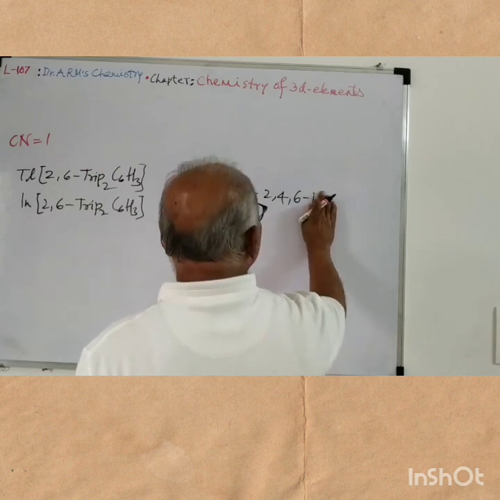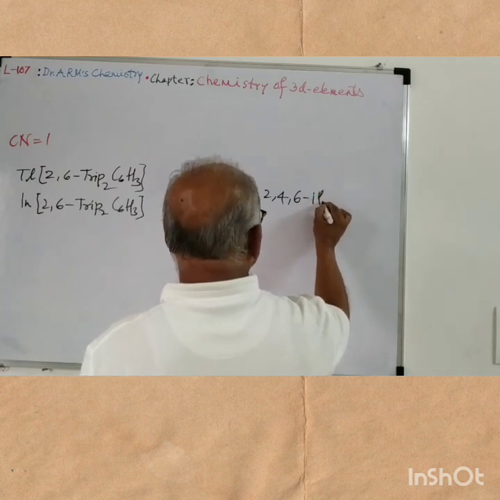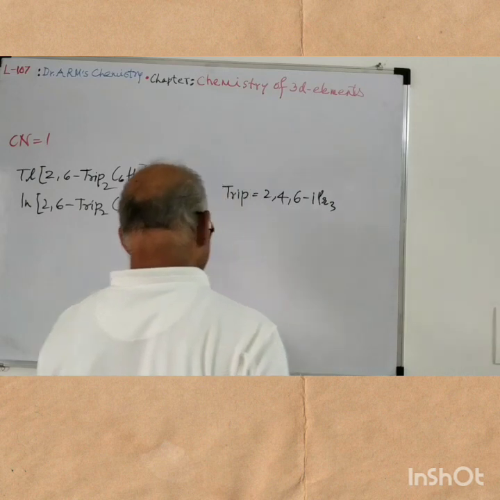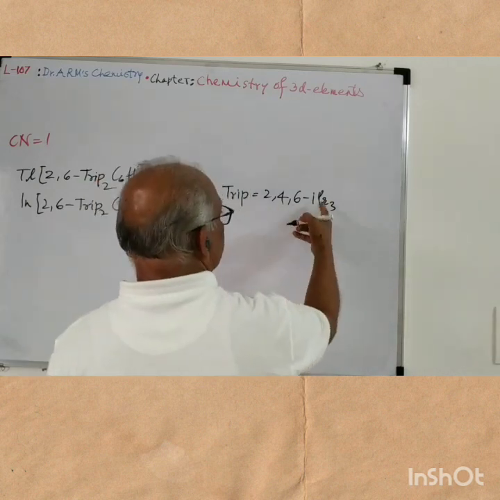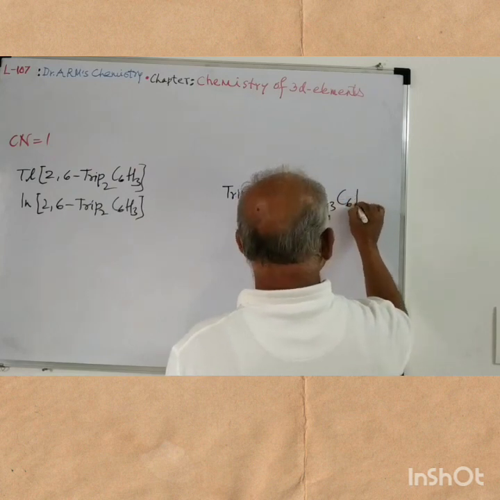Iso we will shortly represent as only i, that is isopropyl, that is 2,4,6-triisopropyl C6H3.